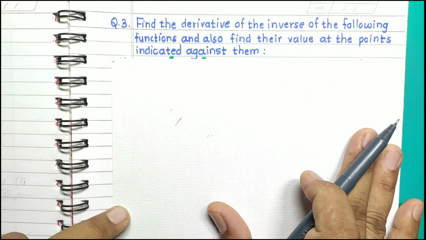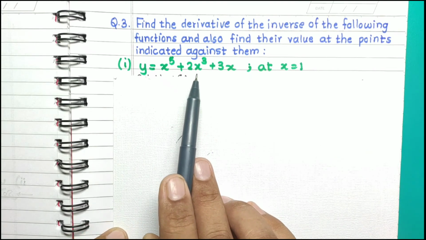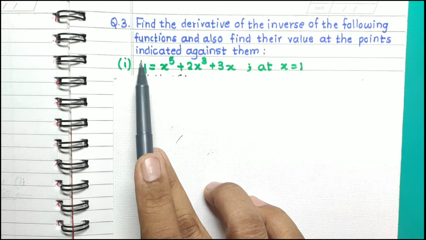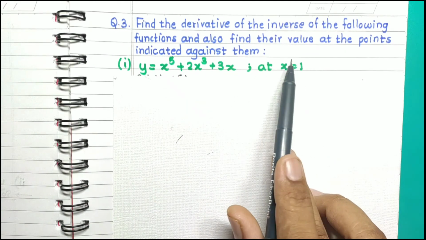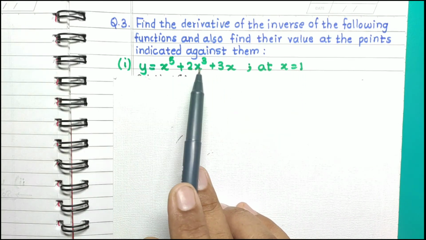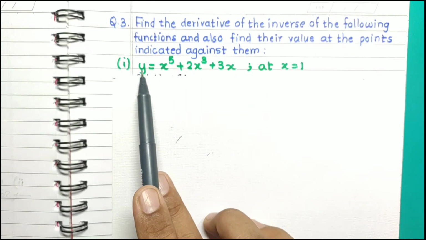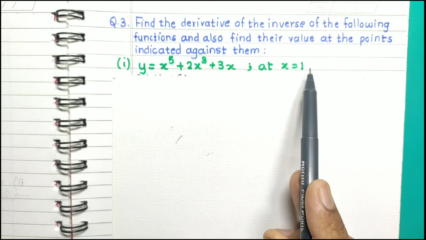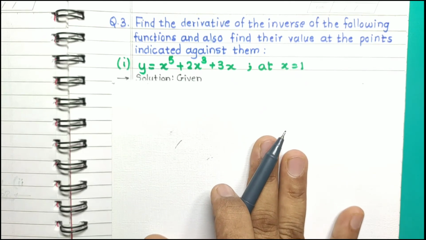The first given function is y is equal to x raised to 5 plus 2 into x cube plus 3x, and we have to find the derivative of its inverse function at x is equal to 1. For this, firstly we find the derivative of y, then using that we find dx by dy, that is the derivative of the inverse of this y, and then we find its value at x is equal to 1. This is quite simple, so let's go fast.